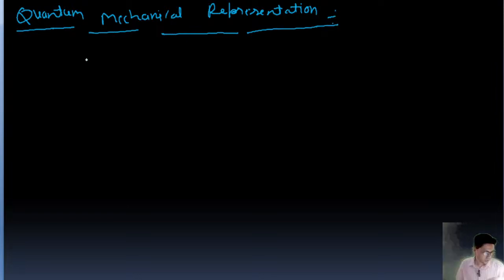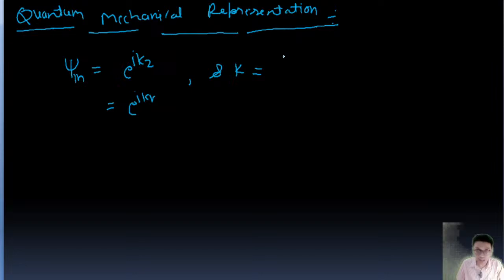As we know, psi, the wave function of the incident wave, is e to the power i k z, or in 3D it is e to the power i k r. And k we know is root of 2mE upon h cut square, or that is momentum upon h cut, this also we know.